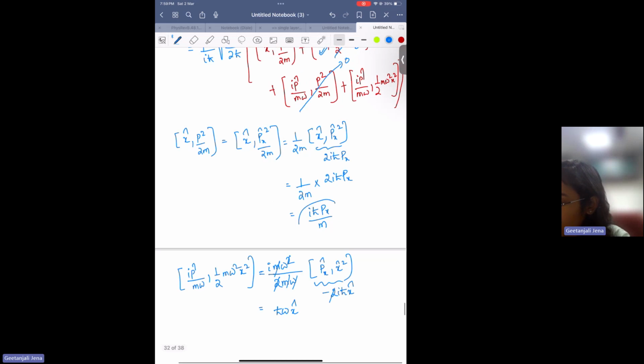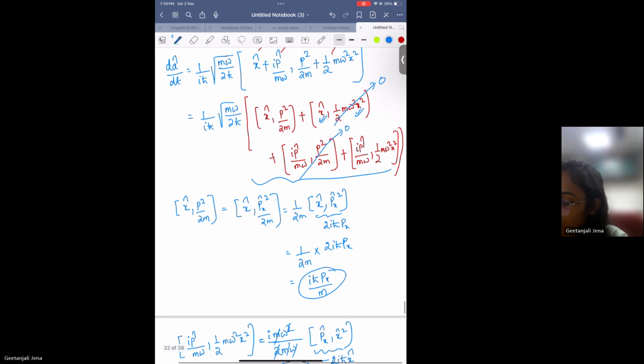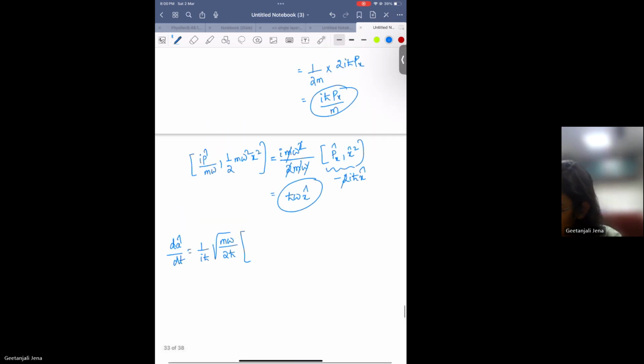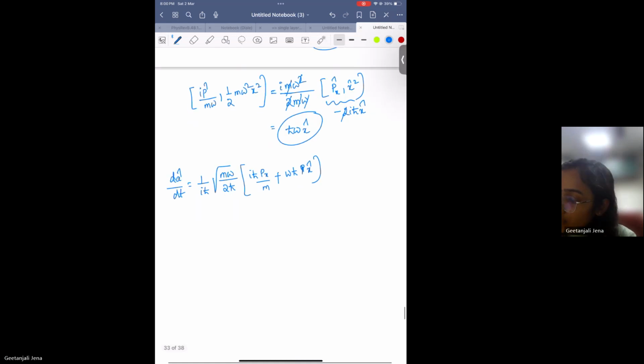Now put these terms here. So we will get dA/dt equal to 1 by iħ times the square root of mω by 2ħ, then iħ px by m, minus iħ ω x.